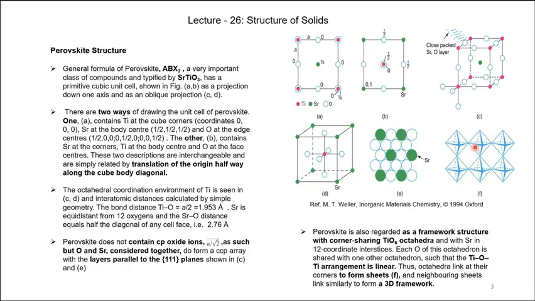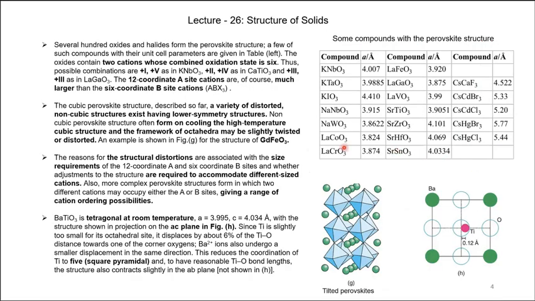If we look perpendicular to the plane of paper and link titanium oxygen titanium linearly, the shape forms a three-dimensional framework. This is how we describe the perovskite structure. Now we go to the next slide.